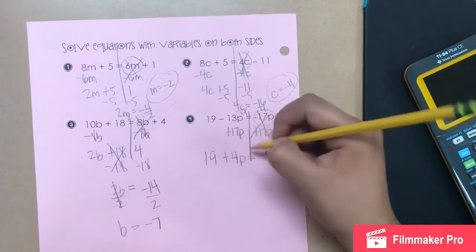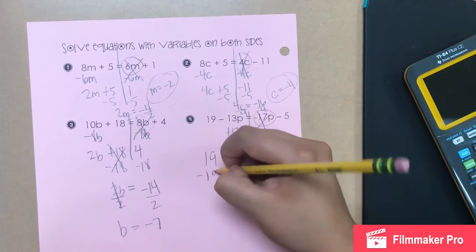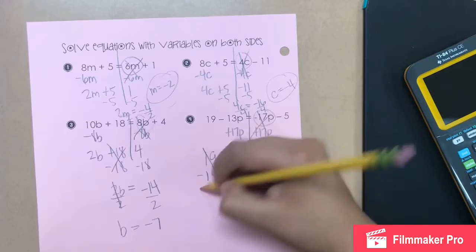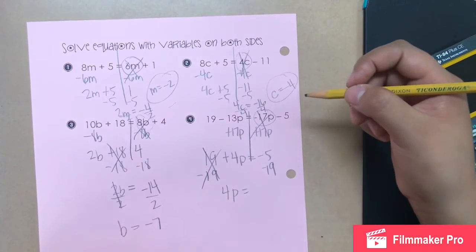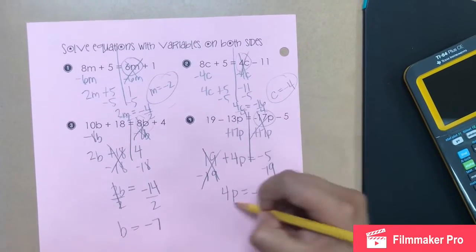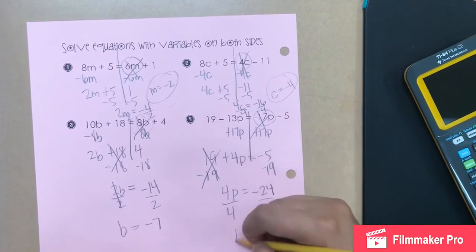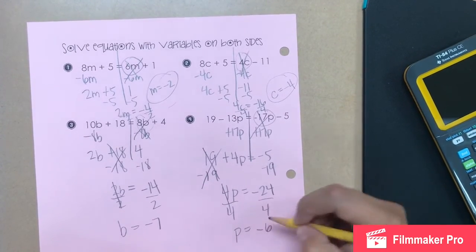I cannot divide by 4 until I move the 19, so opposite of positive 19 is negative 19. The 19's cancel, and I have 4p equals negative 5 minus 19 is negative 24. Divide both sides by 4, so p equals negative 24 divided by 4 is negative 6.